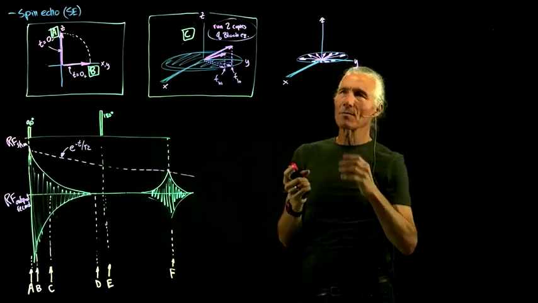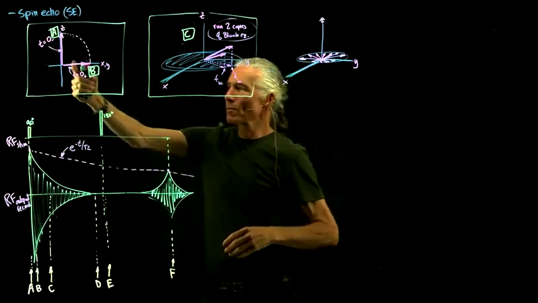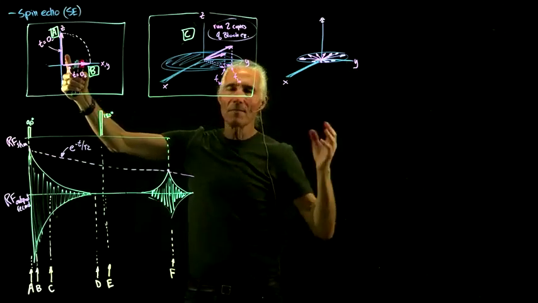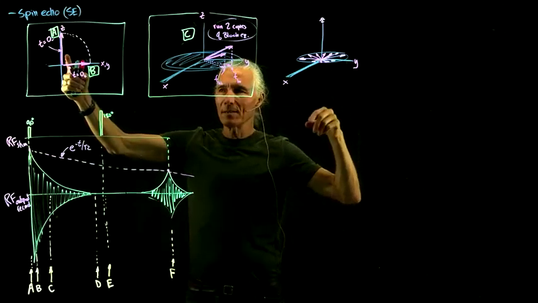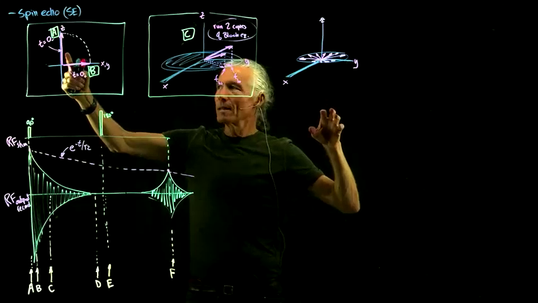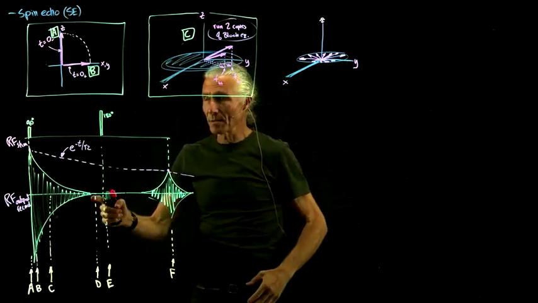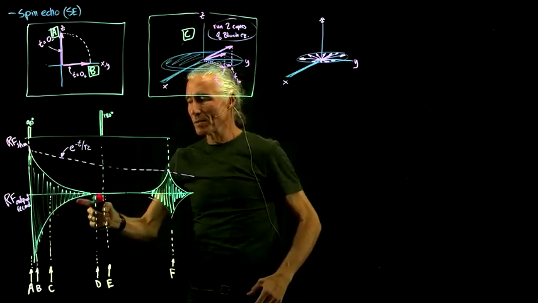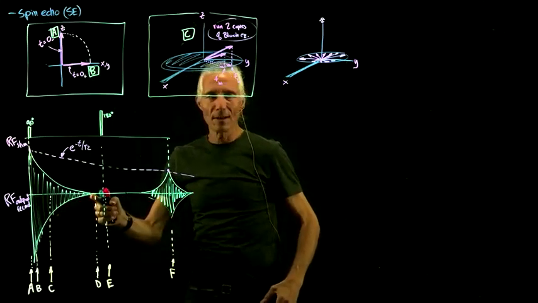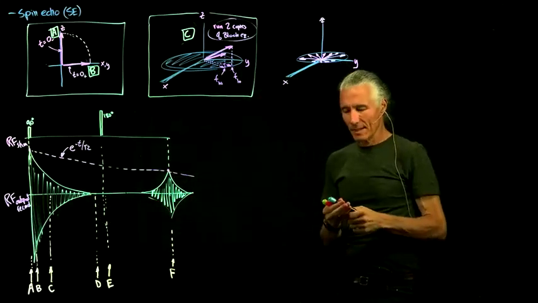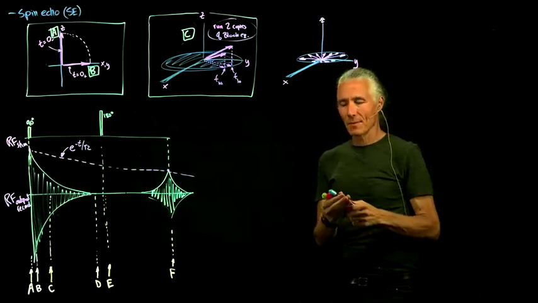You can have another situation where there's no transverse magnetization like the one that we started with, if we waited a long time for all the transverse magnetization T2 decay to go away, then you would have no transverse magnetization. That also gives you a 0 signal. And so there's an invisible amount of transverse magnetization here. So that's point D.